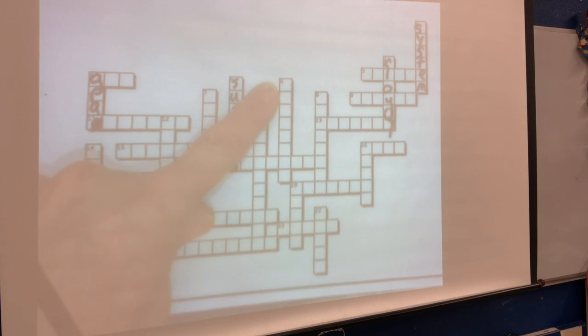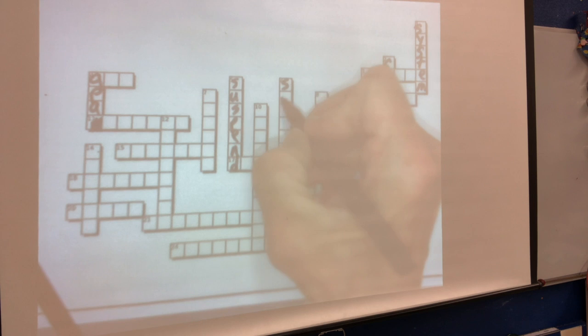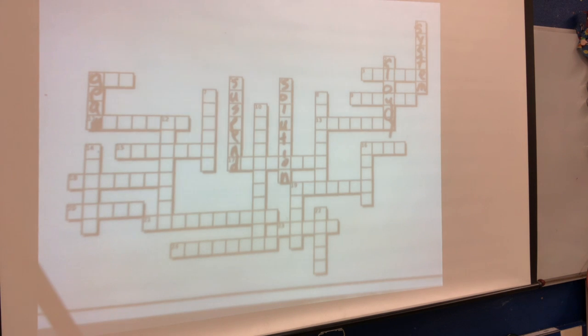Okay, number six, right here. A mixture formed when one substance dissolves in the other. So, we talked about mixtures and solutions. It's a solution. Okay, number seven down.